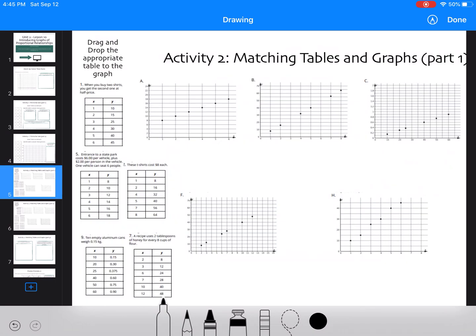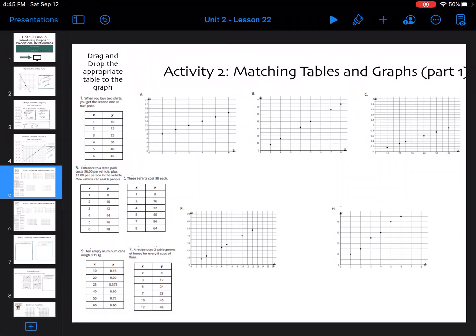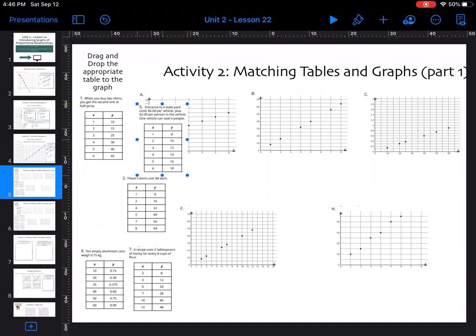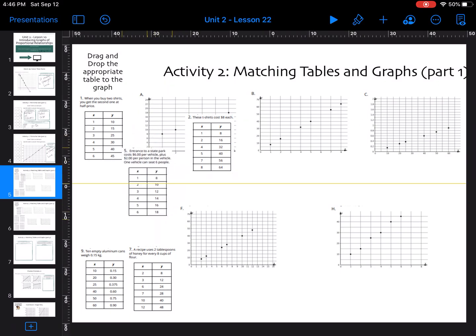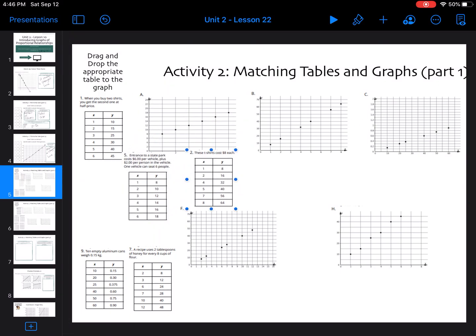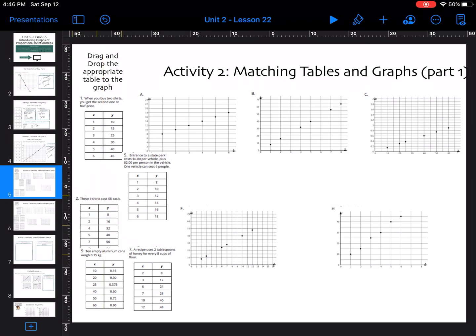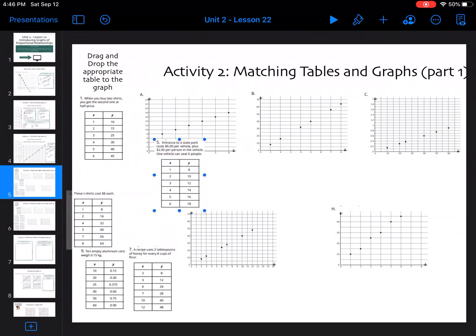Alright, so now they want us to drag and drop the appropriate table to the graph. So I'm going to have to turn off my drawing tool. So I want 1 to 8. So it could be like this one, it could be this one. And then it says 2 to 10. So it has to be this one. Okay, so next one is 1, might be 1 to 8. Let's see if there's a crosshair one. 5 to 40.